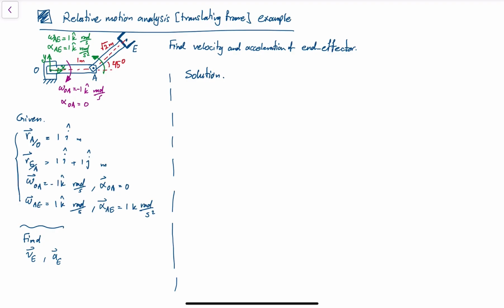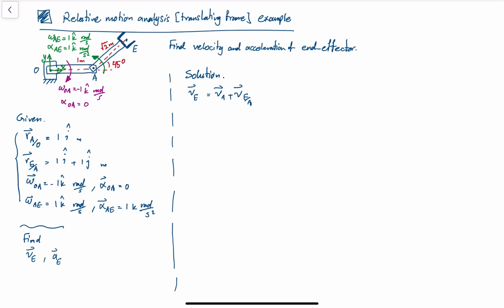I know I can write VE, that's what I want to find, as VA plus V of E relative to A. Well, this is always true, regardless of the situation.